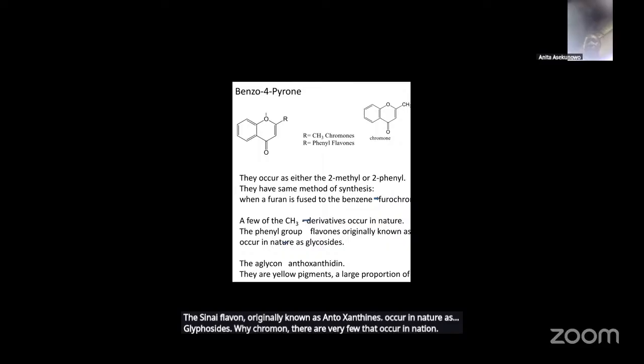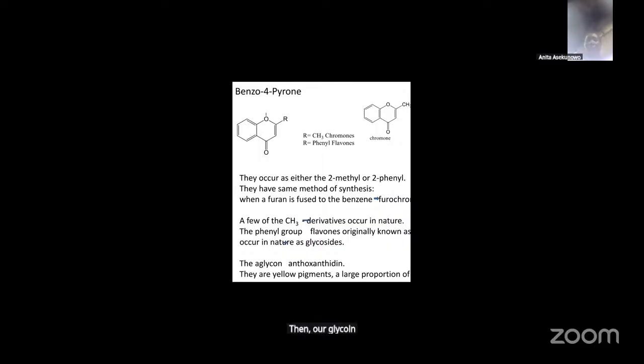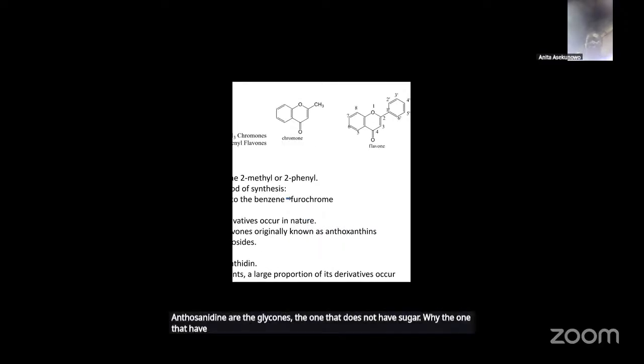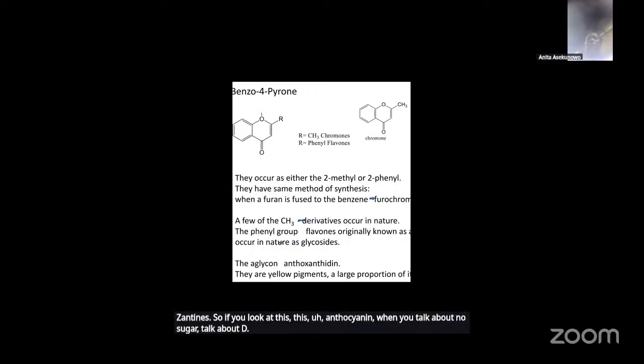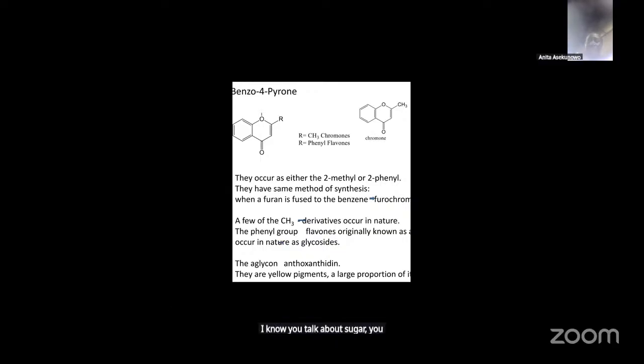Remember, when you talk about aglycone, it's one that does not have sugar. There are anthocyanidines. Anthocyanidines are the aglycones, the ones that do not have sugar, while the ones that have sugar, we call them anthocyanins. So if you look at this, when you talk about no sugar, talk about D, and when you talk about sugar, you talk about N.